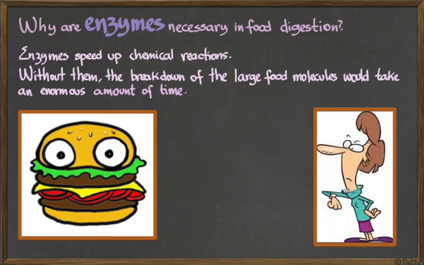They will end up leaving your digestive system, and you're not going to be able to make use of them. So we need enzymes to speed up the breakdown of these molecules so much that it makes it possible for our body to absorb them in the time that the food is inside of our body. Otherwise, it will take way too long. Okay?